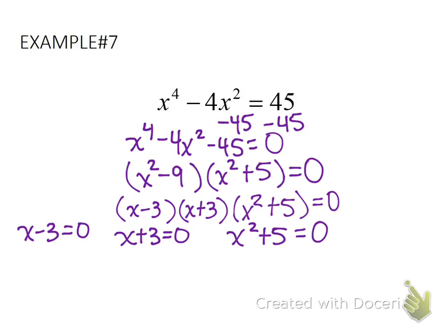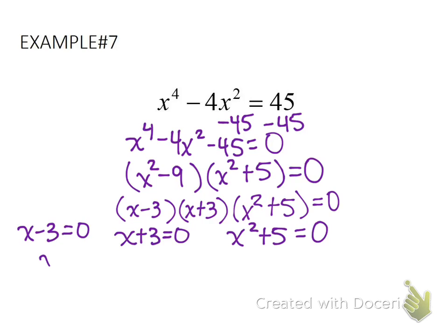All right, who wants to help me solve the first one? I'm in need of new hands. This is when I start picking on people. No one wants to solve x minus 3 equals 0. India's got this one. 3.